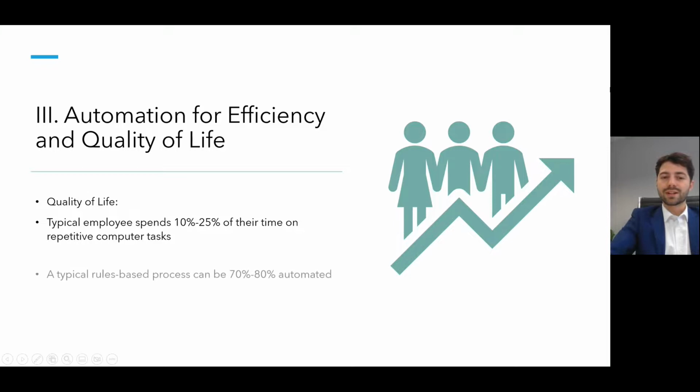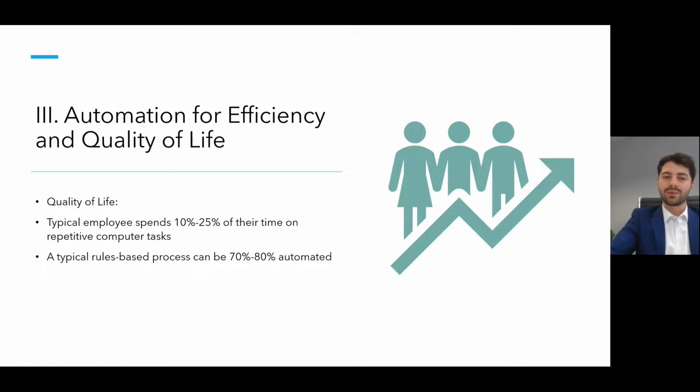So imagine how much that may bring them down, even in the cases where an automation isn't appropriate for the whole role. I think that a typical rules-based process can be 70 to 80% automated, and therefore it's worth looking into at least how some of these processes can be streamlined.